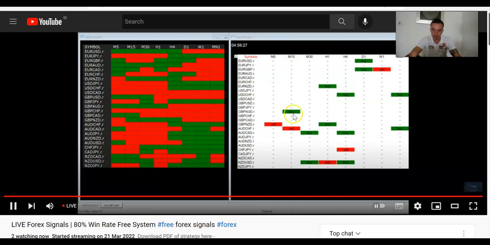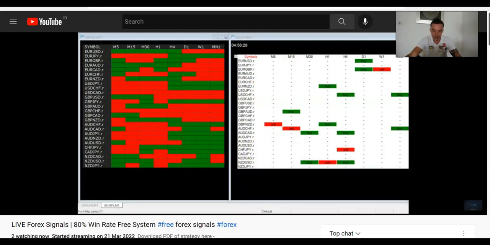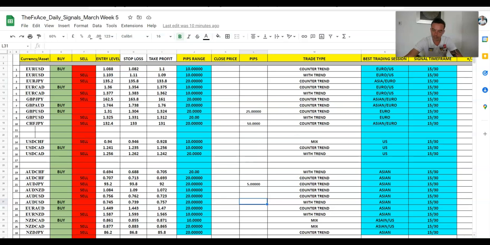So what we'll go over now is yesterday's trades. Okay, so this is the image and the Excel spreadsheet that is sent out to clients, and to you, if you're on my email list, which you can join below, each and every day. So different trading sessions. What I'm actually doing here is giving good levels to get good signals at.